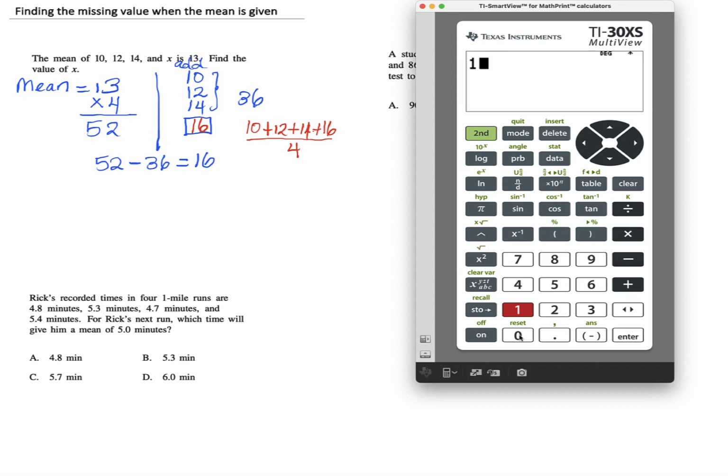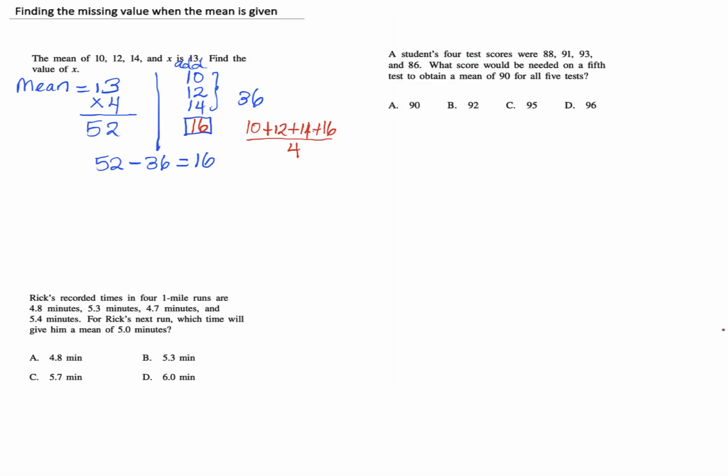We're going to add 10 plus 12 plus 14 plus 16. That gives us 52. And then we divide by 4. And there you go. Our answer for our mean or average is 13. So this is the arithmetic way.